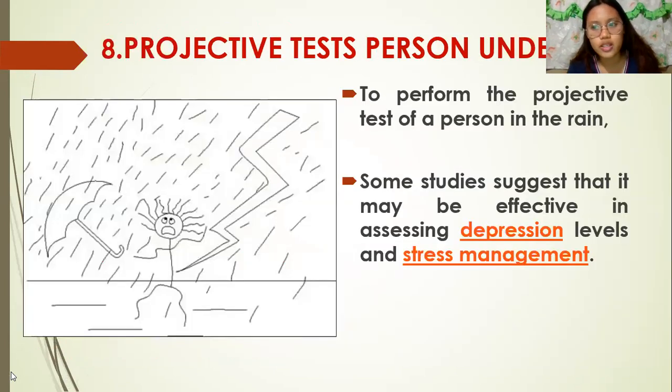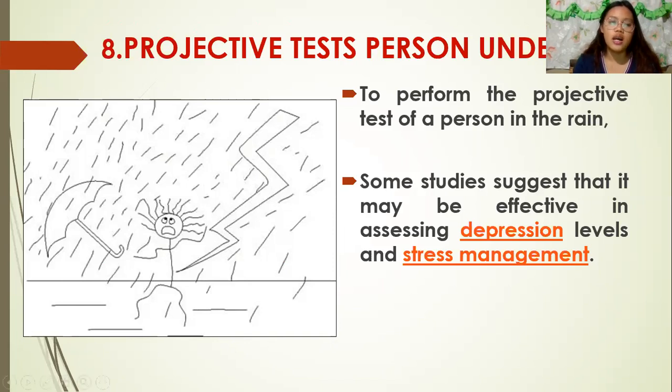The eighth type of expressive test is the projective test, person under rain. So, dyan sa example, it is raining and the person is looking scared of the thunder and the rain. So some studies suggest that it may be effective in assessing depression levels and stress management of the person.